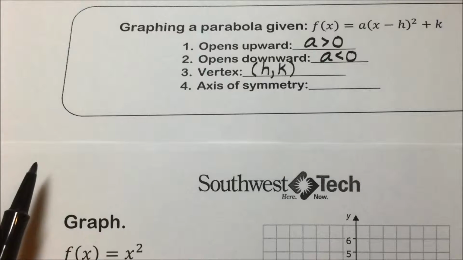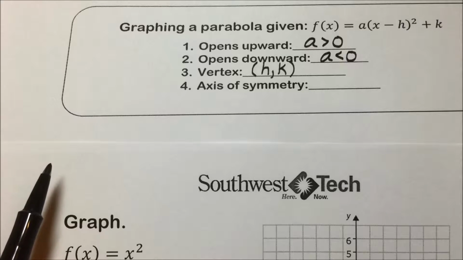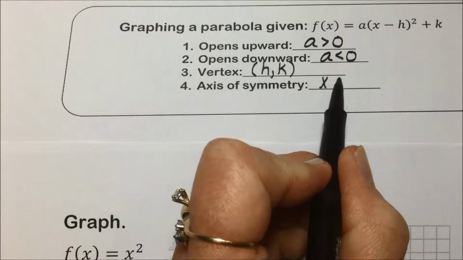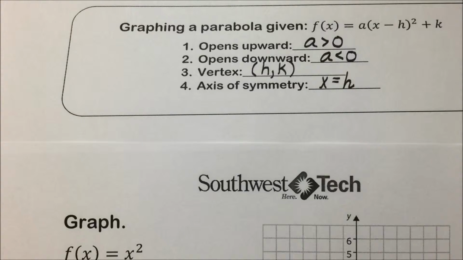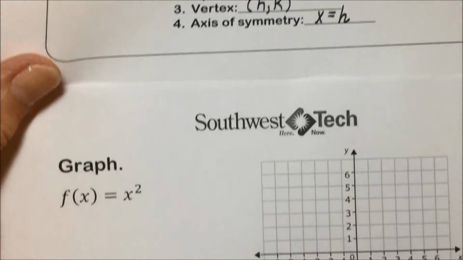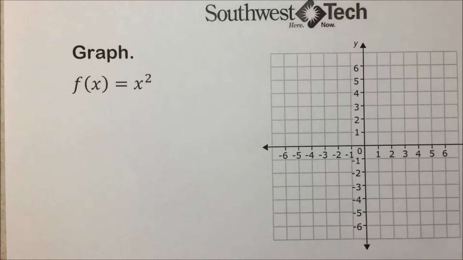Since a parabola is symmetric with respect to a line that goes through the center of it, that line is referred to as the axis of symmetry. It is the equation x equals h. As I said, some of this may be a little beyond where we're at right now, but we'll tie it together.